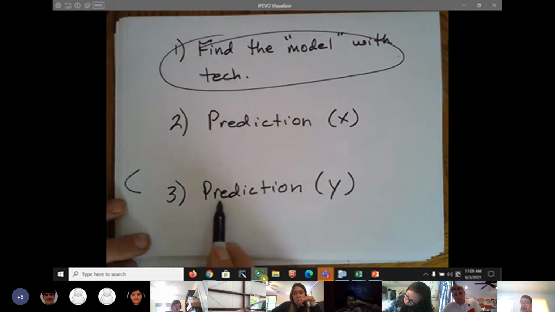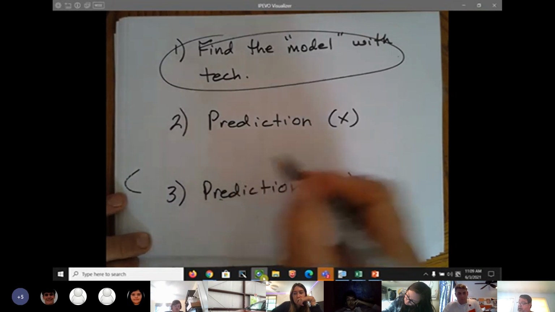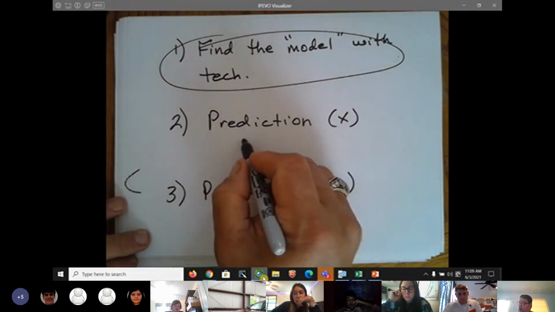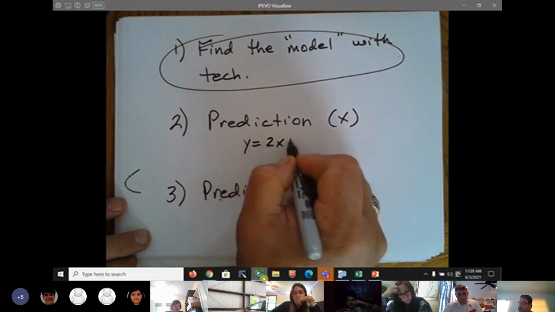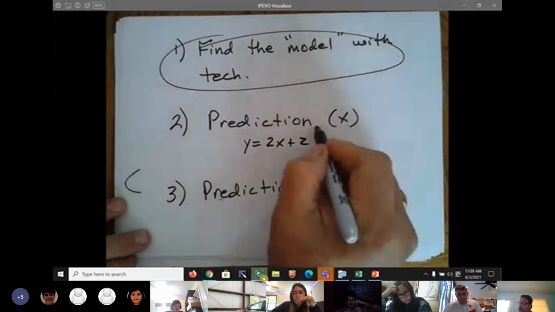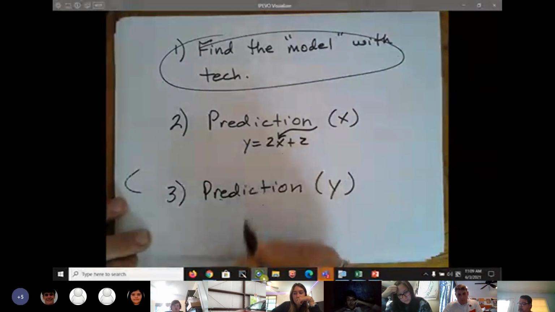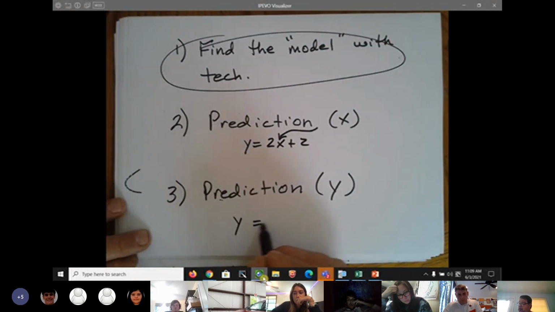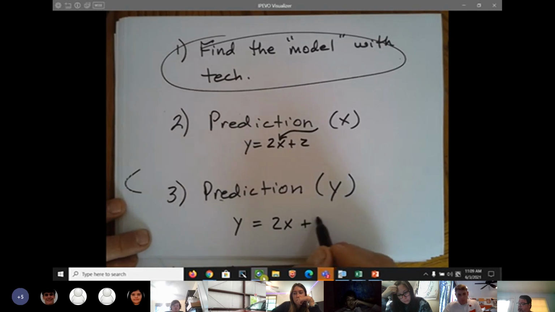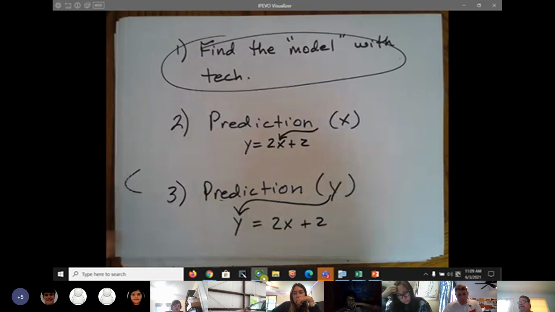If you have f of X, or Y is equal to 2X plus 2, they're going to tell you to plug in X. Here, they're going to tell you to plug in not X, but what? Y, and then solve for X. And that's what they've been doing. That's the standard.